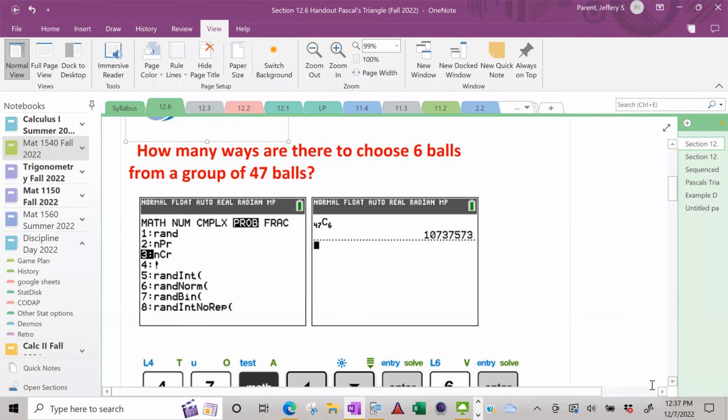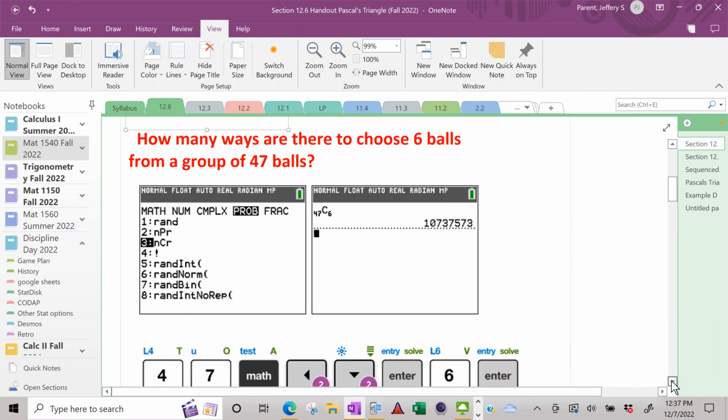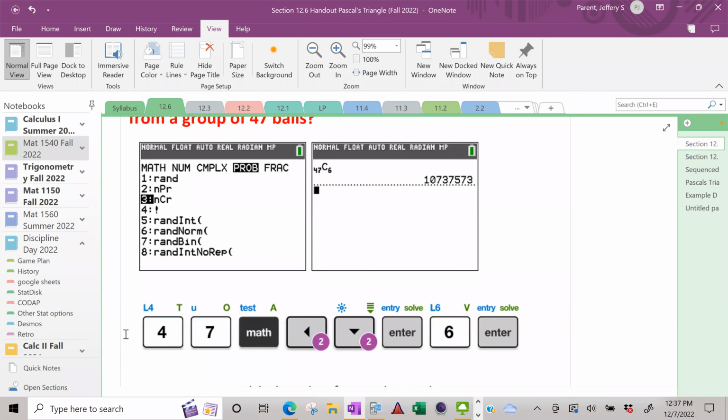So here's the sequence of keys that you would type in to get that. You'll type in the number 47 first, and then we're going to go to this probability submenu from the math menu. So hit the math key. You can go to the left twice or to the right 3 times. Doesn't matter. You can scroll down a couple, or you can just type the number 3, then enter the number 6.